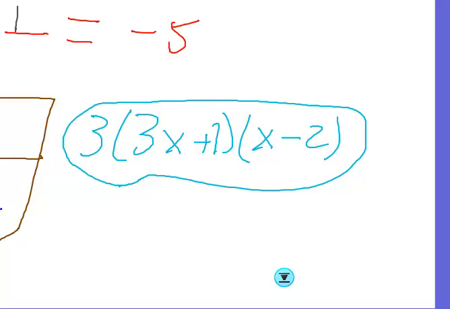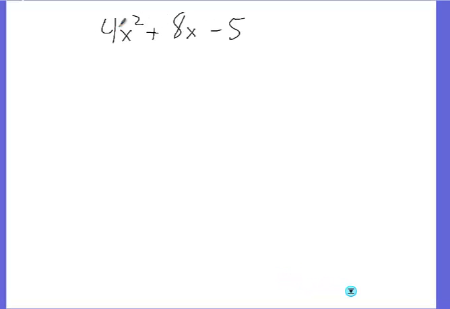Okay? Again, I'm going to do one more, all right, and we'll see how it goes. So we have 4x squared plus 8x minus 5. If we could factor out a 4, that would be ideal. But we can't. So what we got to do again is you multiply this 4 by the last term, and you're going to get what times what equals negative 20.